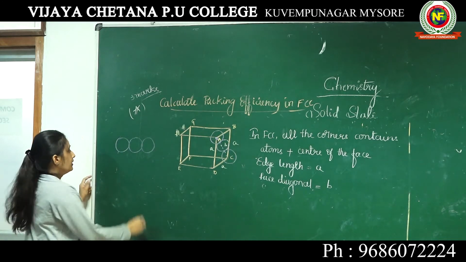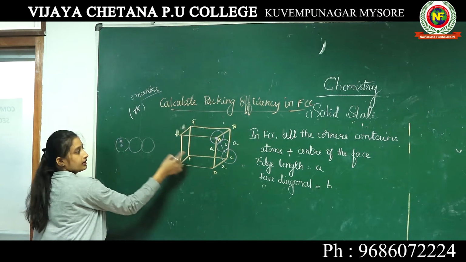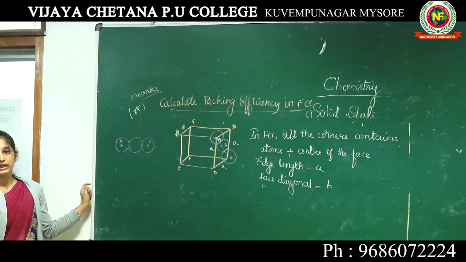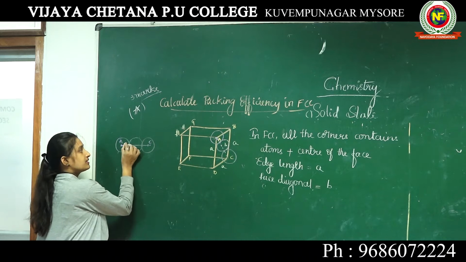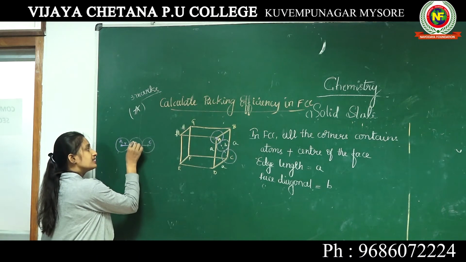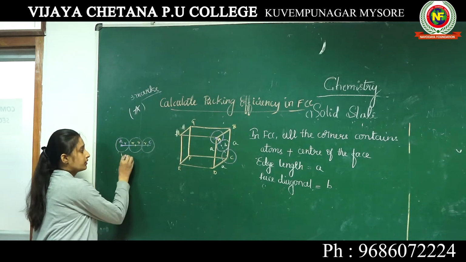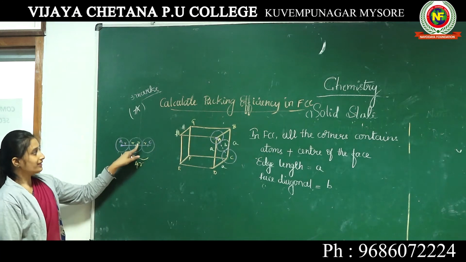This center is A, this center is C. From here to here is distance R, from here to here distance R, from here to here distance R, from here to here R. Total how many R's? 4R.